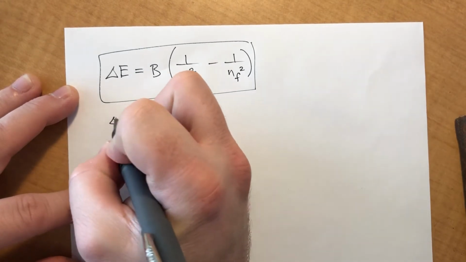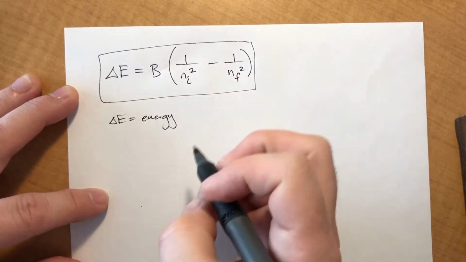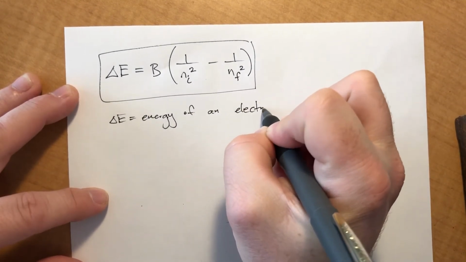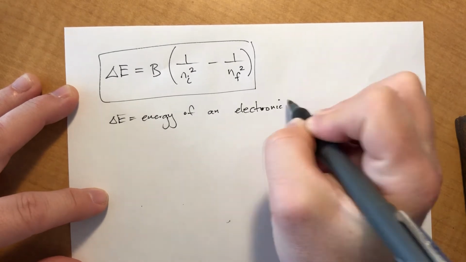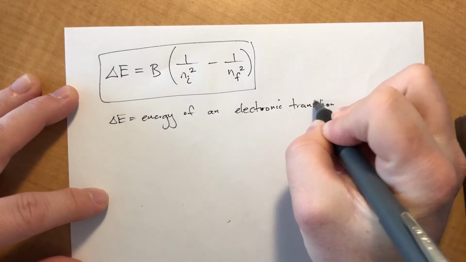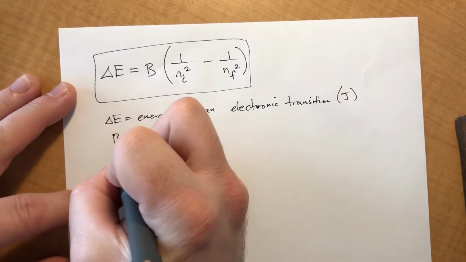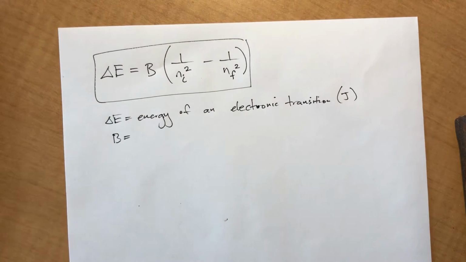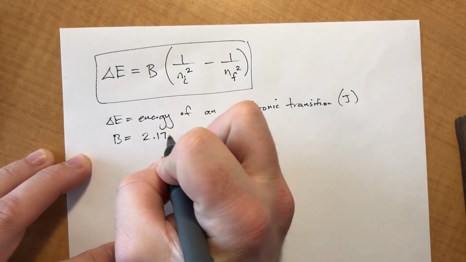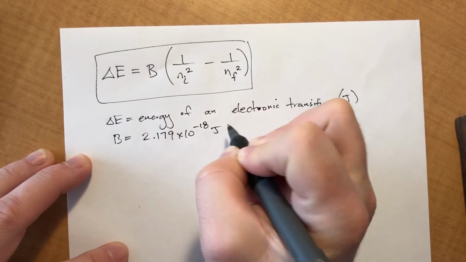Delta E is the energy of an electronic transition, so how much energy it takes to move from one orbit to another. The units are going to be in joules. B is Bohr's constant. It's just kind of there to make everything work out. But it's 2.179 times 10 to the negative 18th joules.